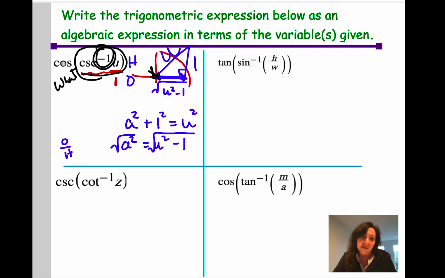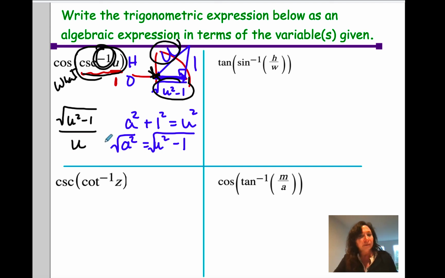So what is cosine of where I am? Cosine is adjacent over hypotenuse. So adjacent is going to be, what is this? The square root of u squared minus 1 over my hypotenuse, which is u. Done. And so that's my answer.